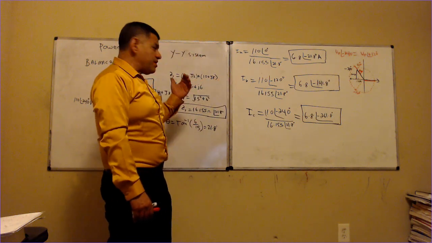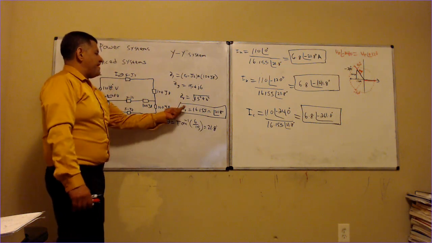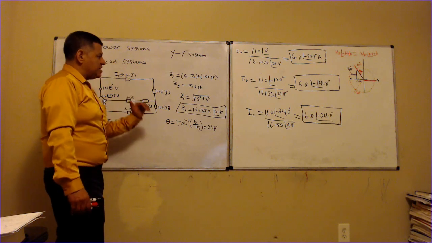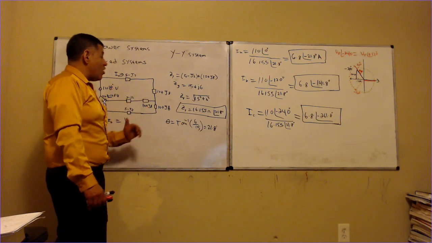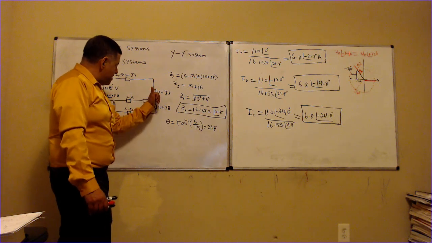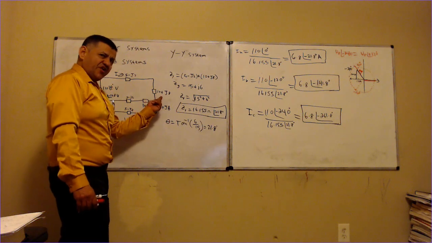But we proved that if you have a balanced system, you will have the same current, right? If you have a balanced system, you would have the same current. And how we know we have the balanced system is by making sure that we actually see the values of the impedance are the same.